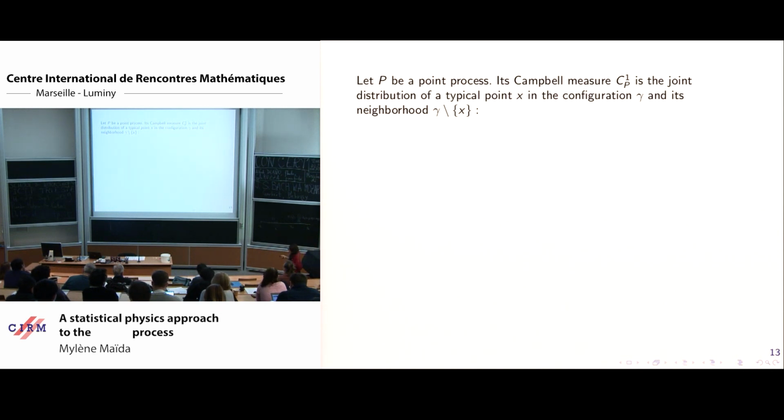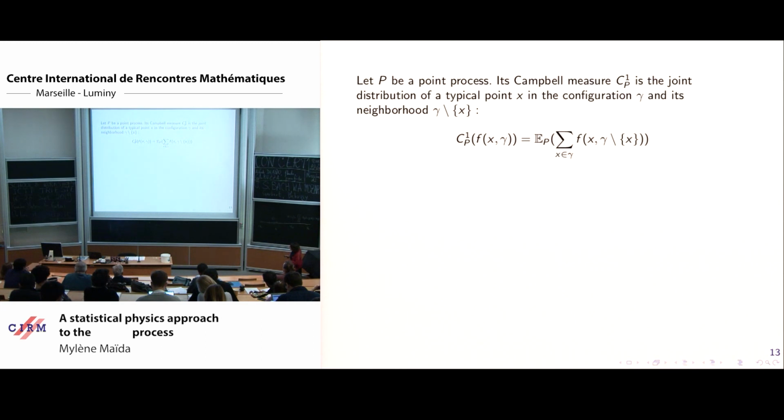If I write it more formally, you take f, a function of a point and a configuration, and the expectation under the Campbell measure of this function is just the expectation of the average of the function over all the points, so this is a typical point, and then you take the expectation over the configuration.